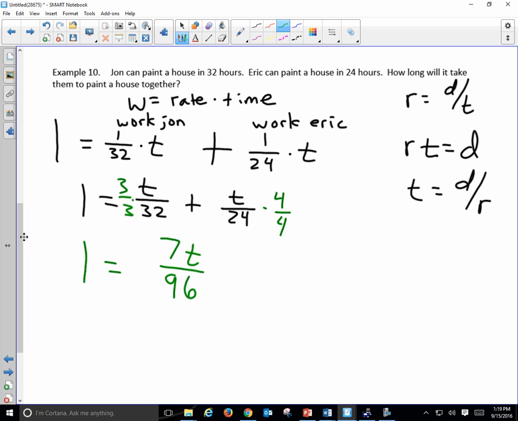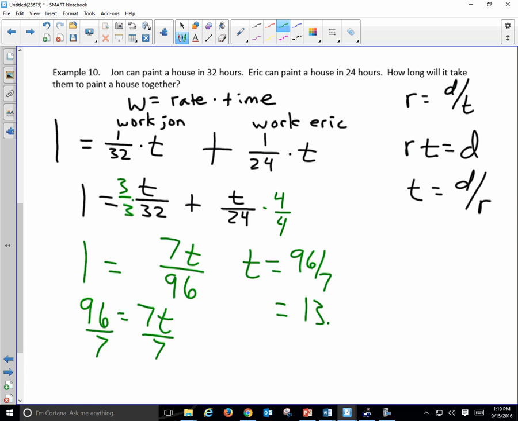How do we then solve for t? 96 is equal to 7t. So t, or the time, is equal to 96 divided by 7, which is equal to, somebody give me a number here. That's not a fraction, give me a decimal. 13.71 hours.